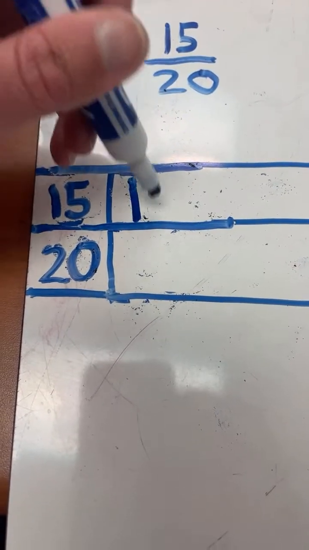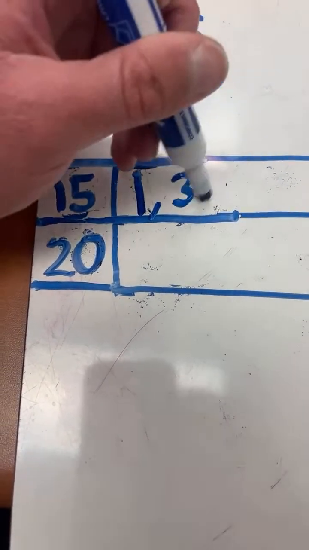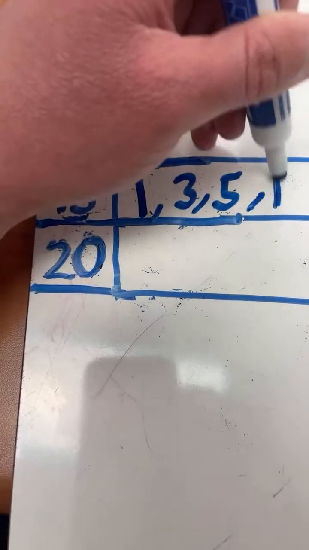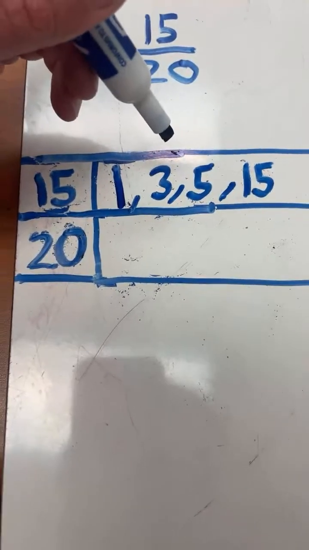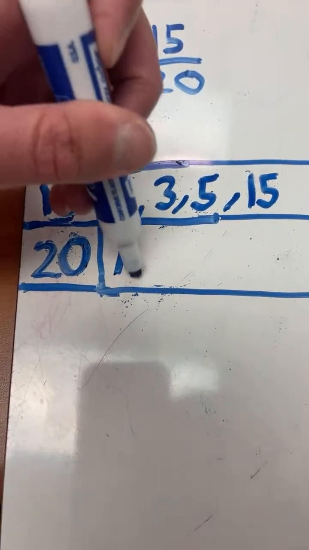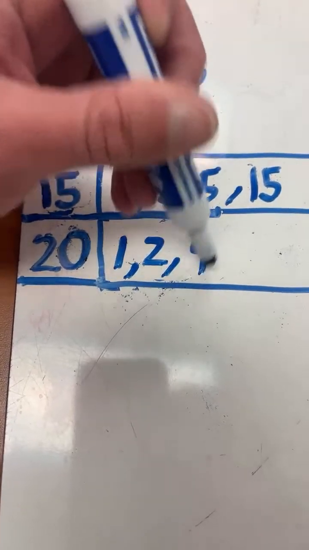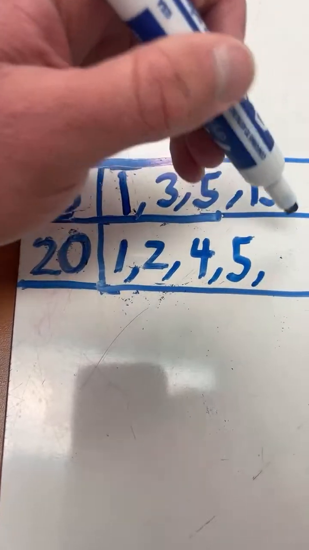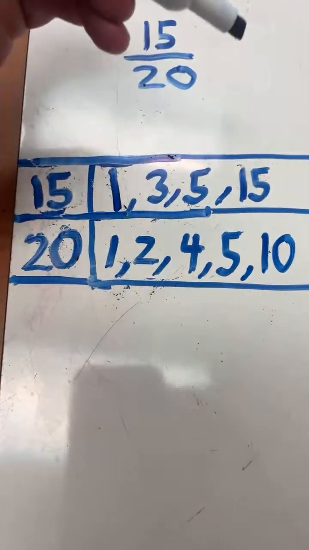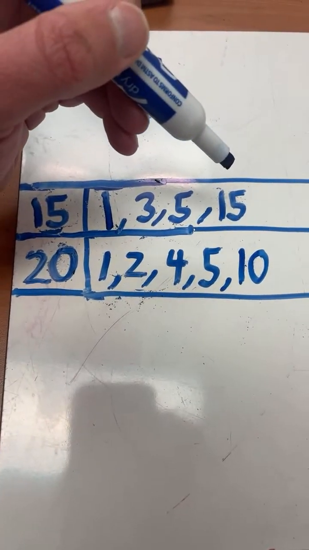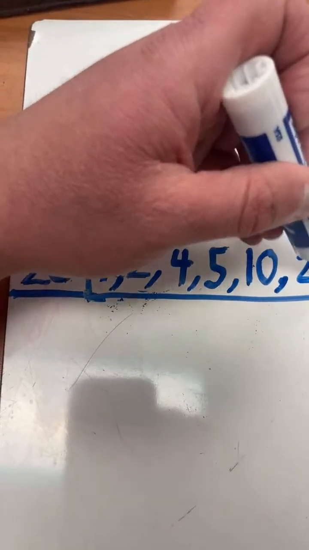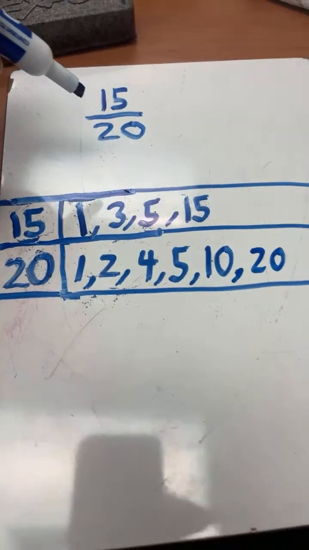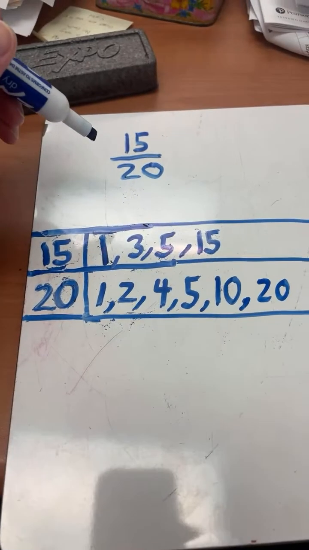Our factors of 15 are 1, 3, 5, and 15. Our factors of 20 are 1, 2, 4, 5, 10, and 20. And we have to divide by the greatest common factor.